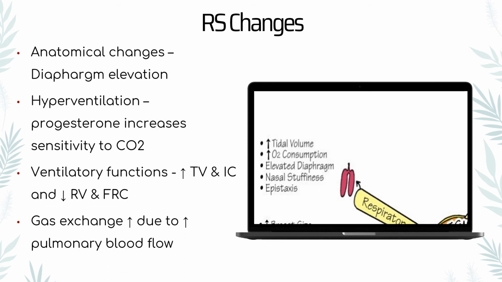Inspiratory capacity increases, residual volume decreases, functional residual capacity decreases, forced expiratory volume and peak flow rate do not change. Gas exchange across the alveoli is greatly enhanced due to the marked increase in the pulmonary blood flow. And then oxygen consumption of the body increases by 15% to meet the demand.